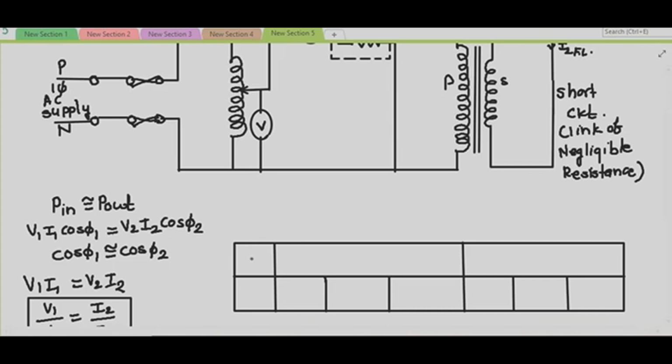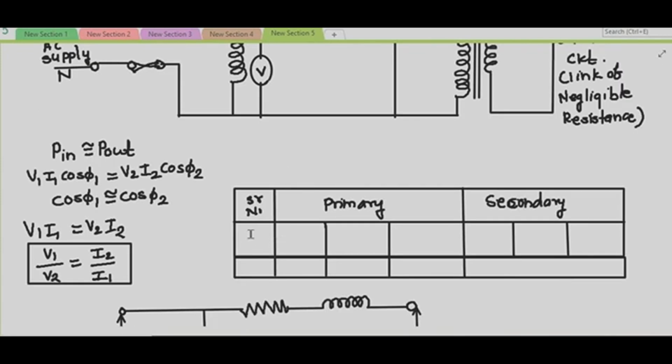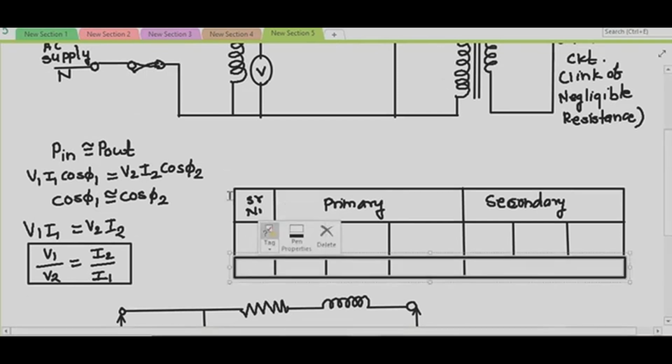So again I will write down serial number here. On the primary side, what reading we have to take, and on the secondary side, what reading we have to take. As we have not connected anything on the secondary side, you don't have to note down any reading on the secondary side, so this is not applicable.